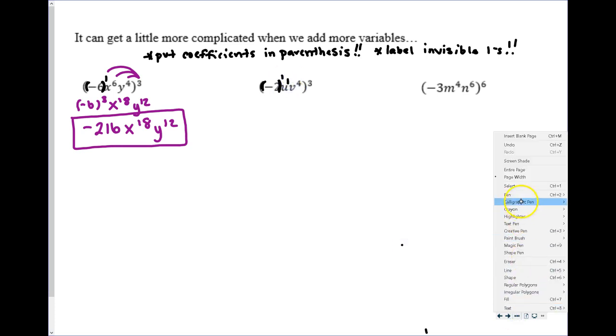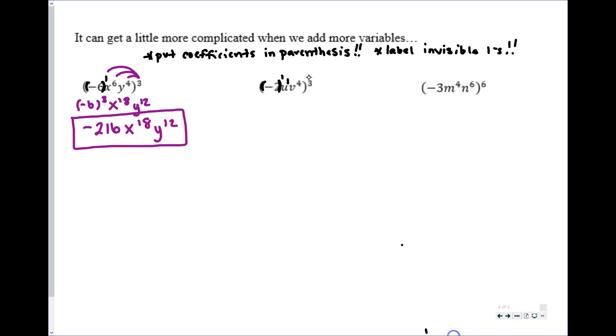Because now, when I do my little trick, where I distribute the exponent to what's inside, now I can say, okay, the negative 2 stays in parentheses, and what's that invisible 1 times 3? It's 3 now. The u term, what's 1 times 3? 3. And then the v term, 4 times 3 is 12. Okay? If you forget to put the 1 in, you might forget to distribute the 4. It happens a lot. I've seen it a lot, so be careful.